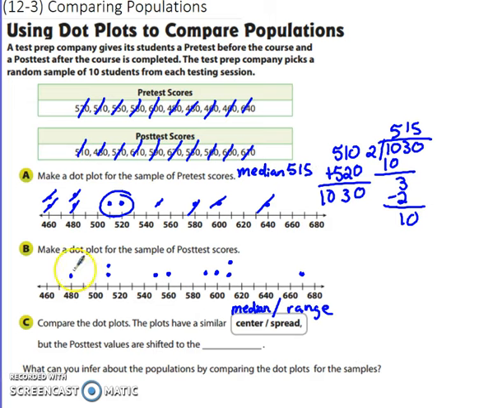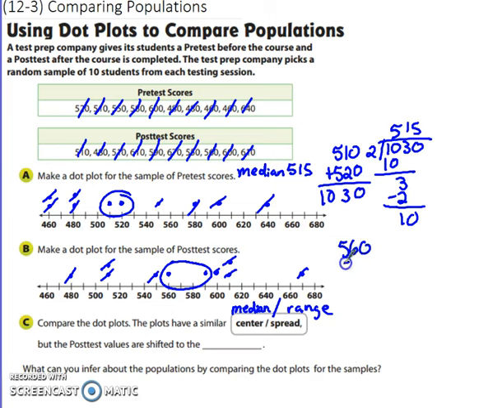So when we cross off, till we get to the middle, now we have these 2 in the middle. So when we do these 2 in the middle, we're going to have to add them up. So we are going to add up 560 plus 590.